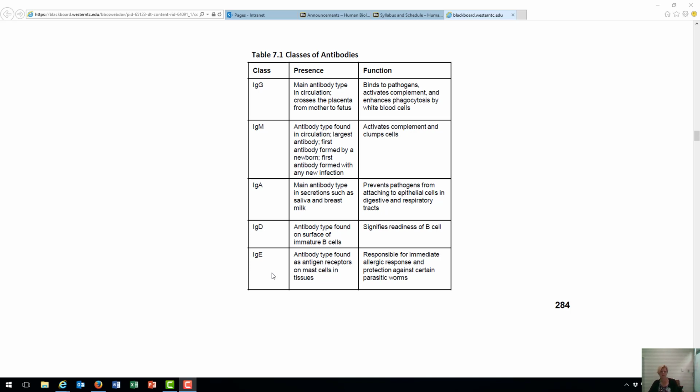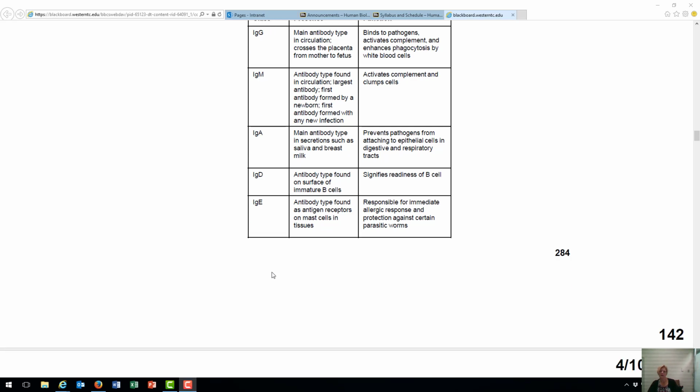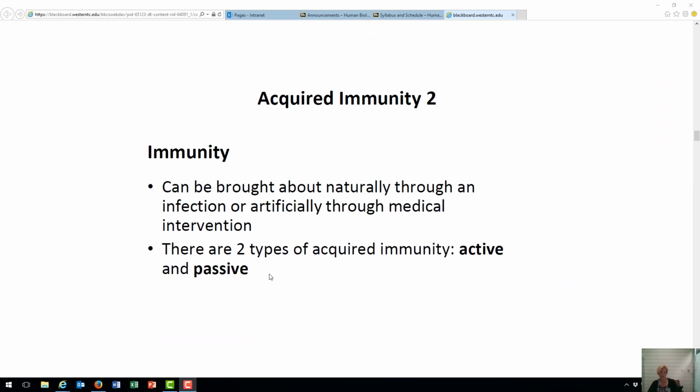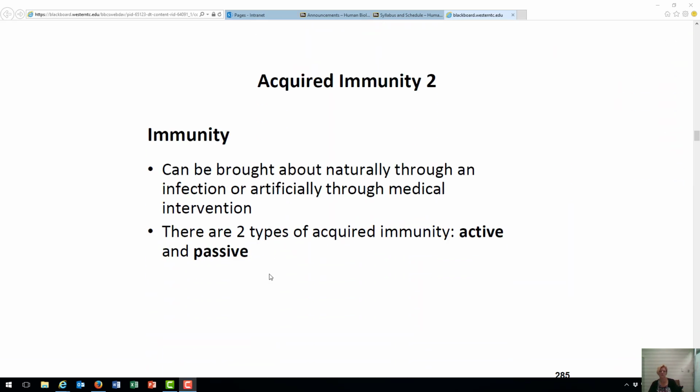They have different shapes, different structures, different locations of where they are active, and also how quickly they arrive on the scene. So when we talk about immunity, there's different terms in how we get immunity, in terms of how we get these antibodies to have a memory and recognize illnesses that maybe we've been exposed to before.